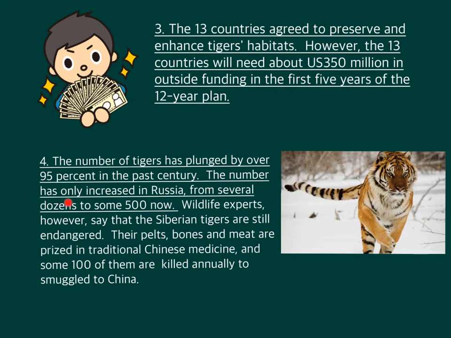The number has only increased in Russia, from several dozens to some 500 now. Wildlife experts, however, say that the Siberian tigers are still endangered. Their pelts, bones, and meat are prized in traditional Chinese medicine, and some 100 of them are killed annually to be smuggled to China.